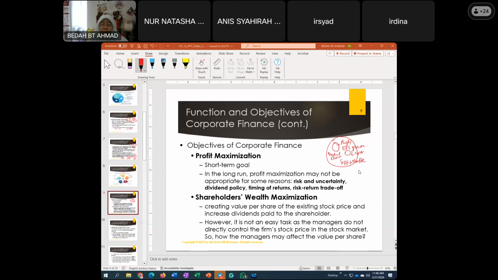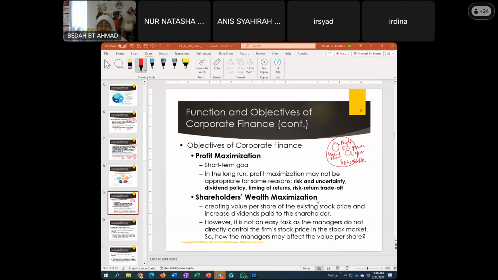So to maximize the shareholders' wealth, the firm not only needs to maximize profit, but also needs to maximize other factors like earnings per share, growth of the business, reduction in cost, expanding the market share, and many other things.